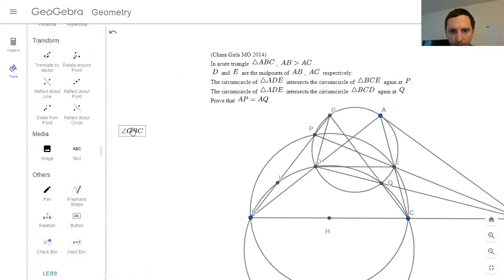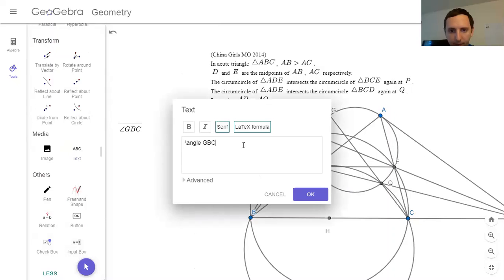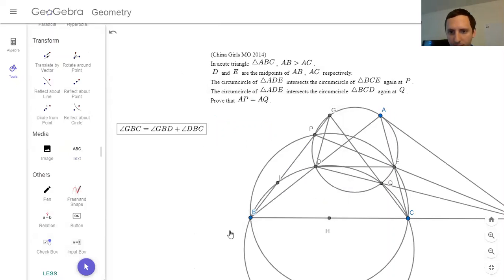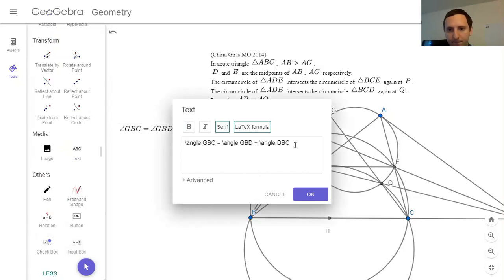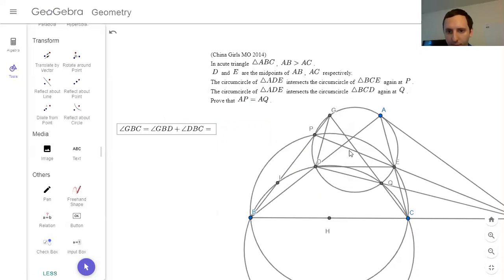It's GBD plus DBC. GBD is GDA minus PGD.